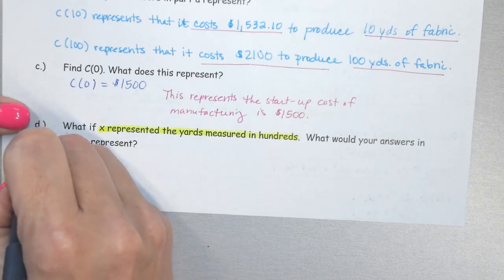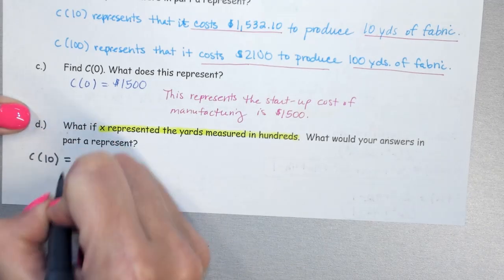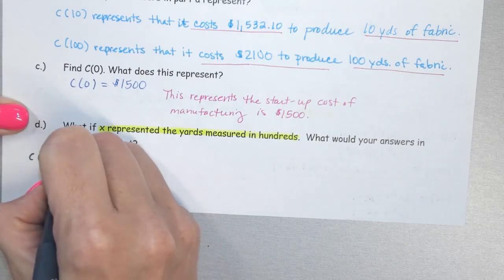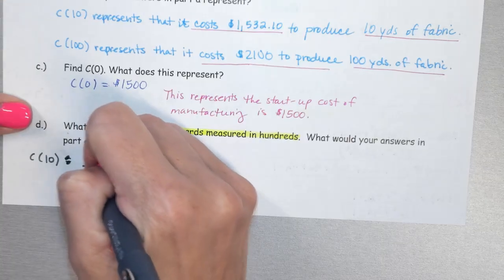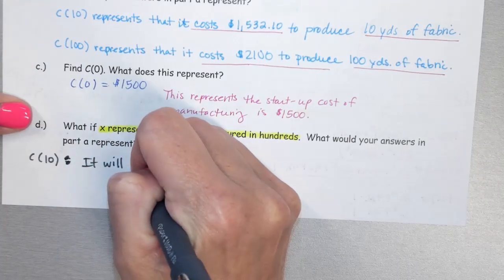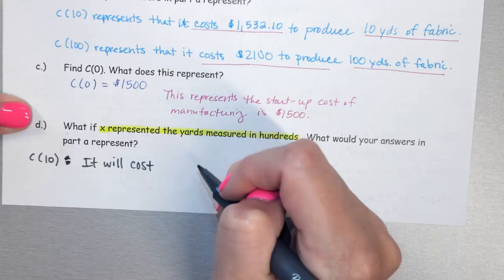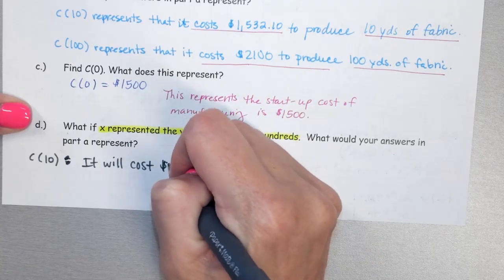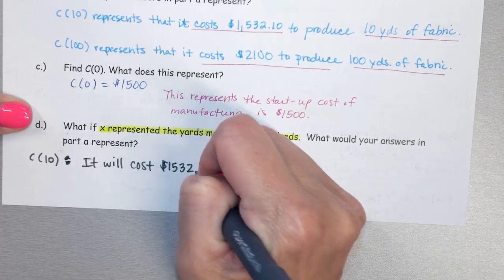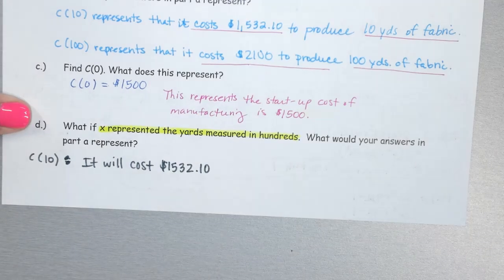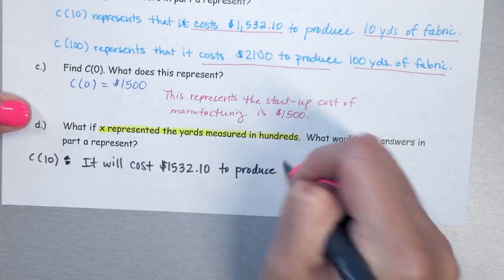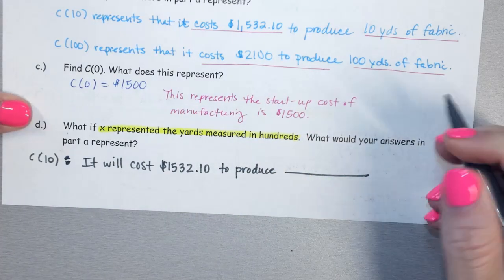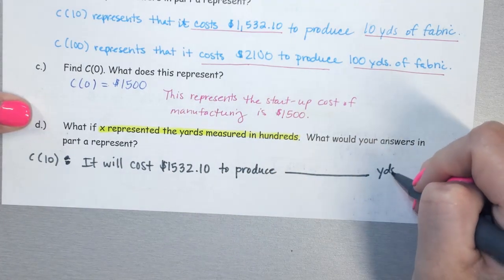But for C of 10, now our value is going to be different. So for C of 10, the cost isn't going to change. The output, your Y, isn't going to change. It's going to cost the same amount to produce, and then we're going to find how many yards of fabric that would produce.